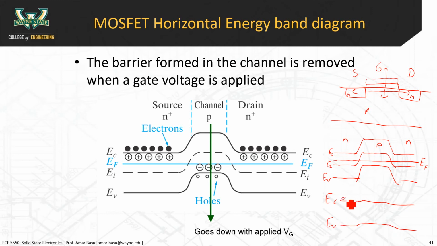And now the electrons can go freely back and forth. So by applying a gate voltage, you can see this green arrow here, you're changing the channel material from a P-type to an N-type. You're essentially dragging down this section of the band diagram in relation to EF, and you are changing it to an N-type material. So therefore, you can conduct electricity.